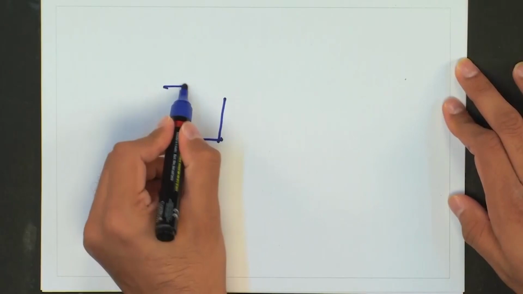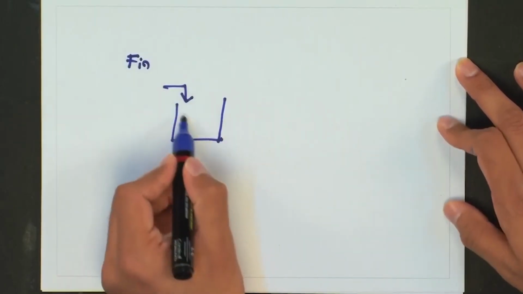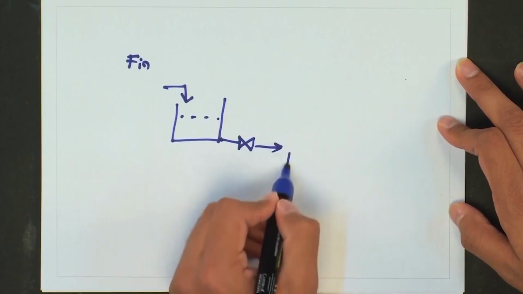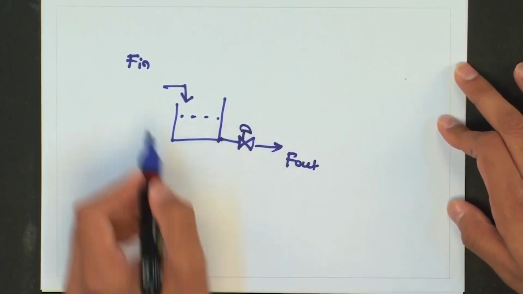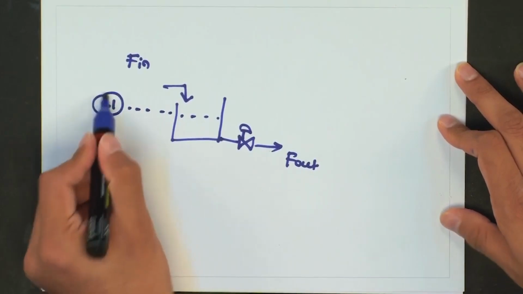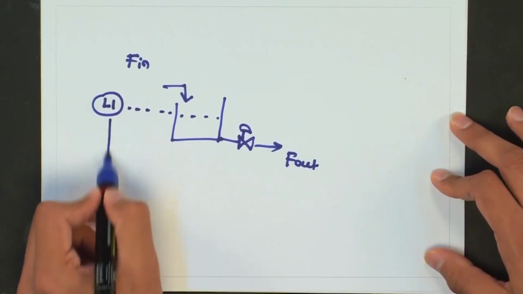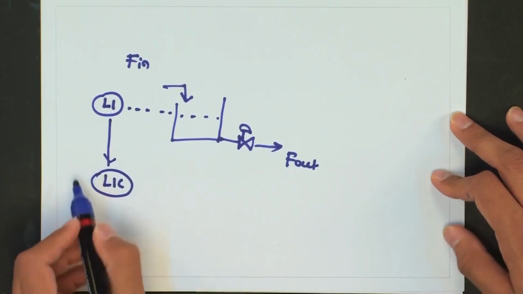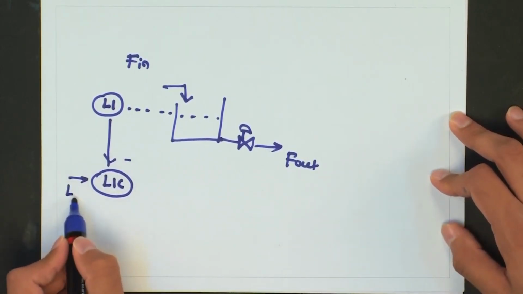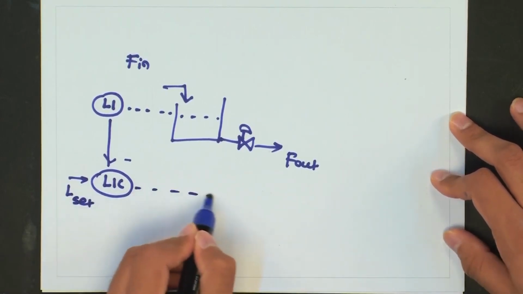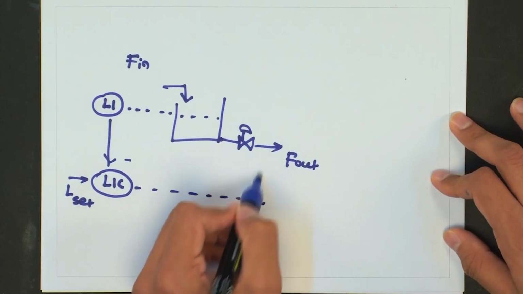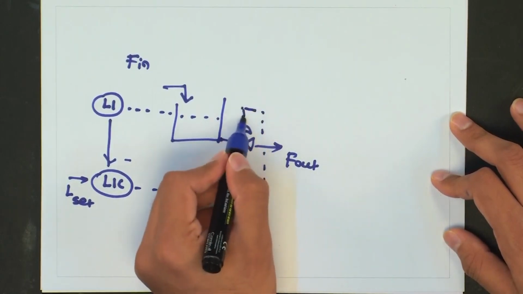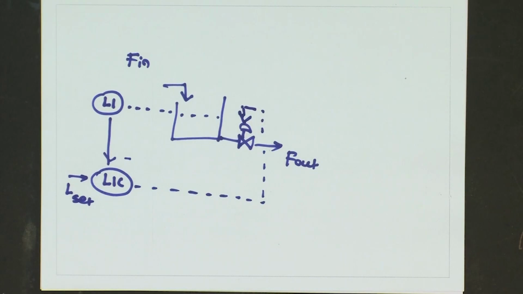Now, let us come to the example which I had shown you about the control of this particular tank. Let us say I use a feedback control, wherein we measure the level in this tank and give it to a controller which knows the set value, and accordingly it changes the outlet flow rate.